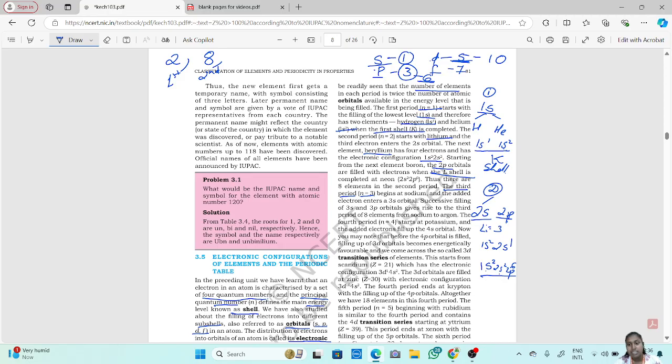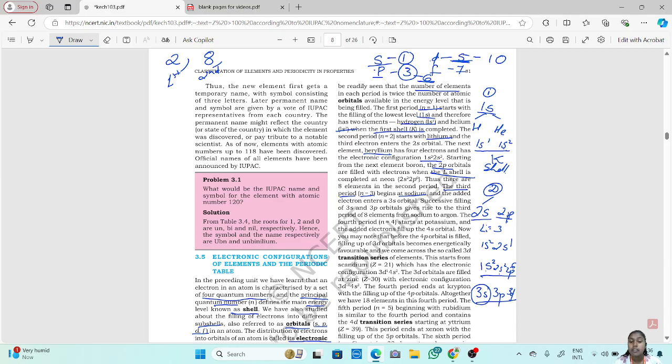In the third period it will be 3s, 3p, 3d. These are the 3 shells of the third period. Now it begins with sodium. So the third period starts with sodium, and the electrons start entering the 3s orbitals.